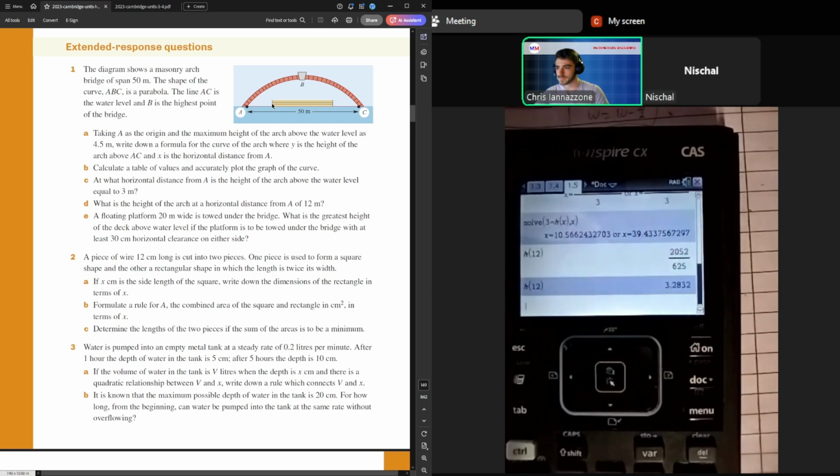Where did the 25 come from again? Is that the horizontal midpoint? Yeah, it's like the horizontal distance B, the center of it.